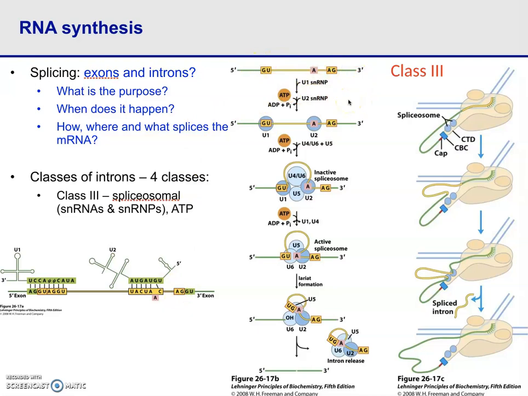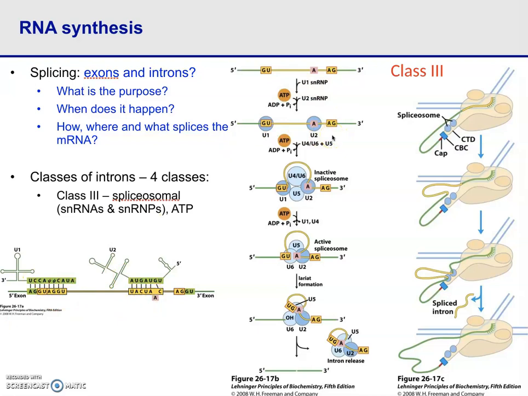The small nuclear RNAs, well, there are 5 snRNAs that are used in the spliceosome: U1, U2, U4, U5, and U6. U1 and U2 begin the process by recognizing, shown right here, their corresponding sequences.